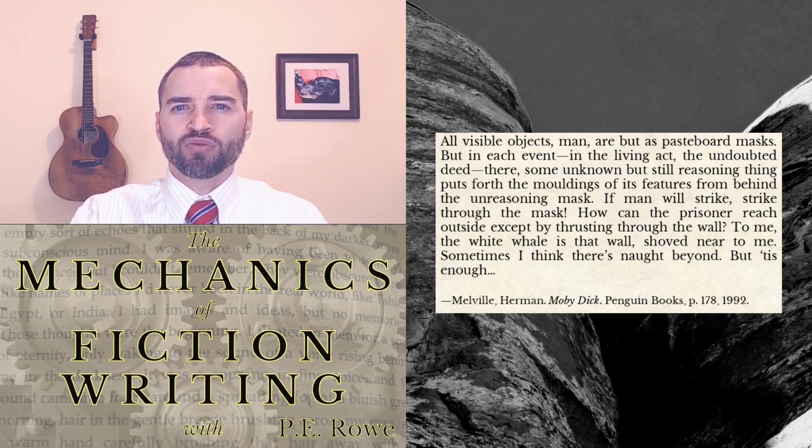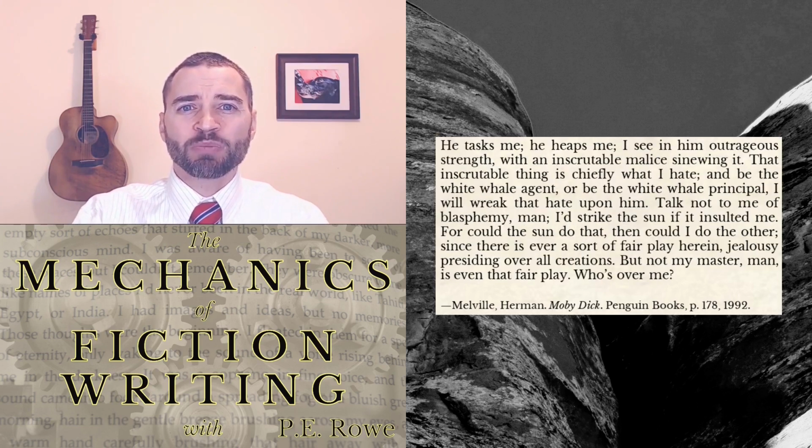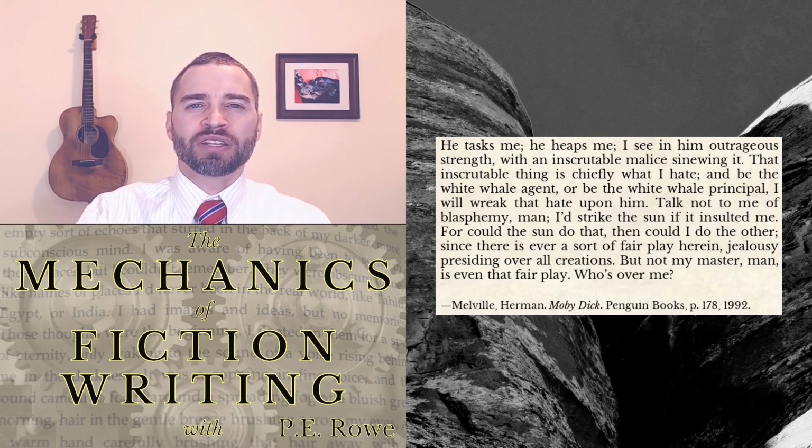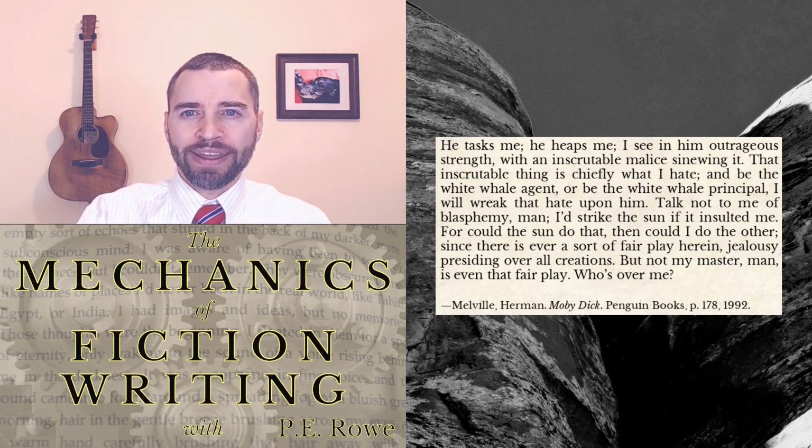How can the prisoner reach outside except by thrusting through the wall? To me, the white whale is that wall, shoved near to me. Sometimes I think there's naught beyond, but 'tis enough. He tasks me, he heaps me. I see in him outrageous strength, with an inscrutable malice sinewing it. That inscrutable thing is chiefly what I hate, and be the white whale agent or be the white whale principal, I will wreak that hate upon him.